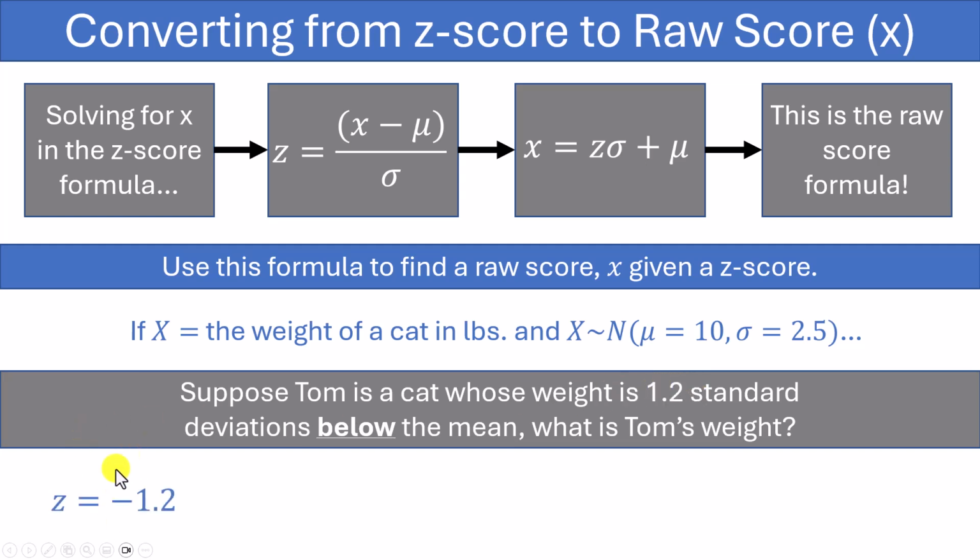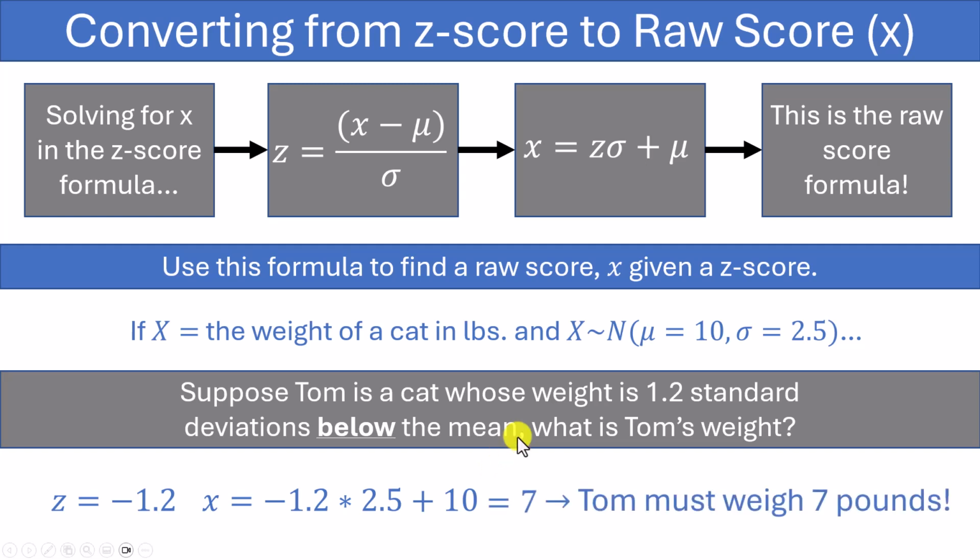Well, that's really just telling us the z-score. They're telling us that we are 1.2 standard deviations below the mean, or that we have a z-score of -1.2. So using the formula, we can take the z-score of -1.2, multiply by the standard deviation, which is 2.5, and then add the mean, and the result will be 7. So that tells us that Tom must weigh 7 pounds.